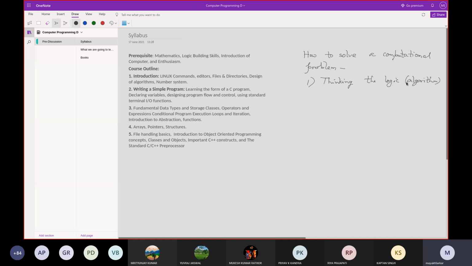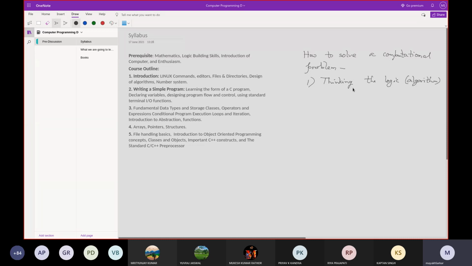Now, an algorithm has many more properties than a simple logic, but I'm not going into those points. Maybe later on I'll go into what specifically makes an algorithm. So just focus on this part.